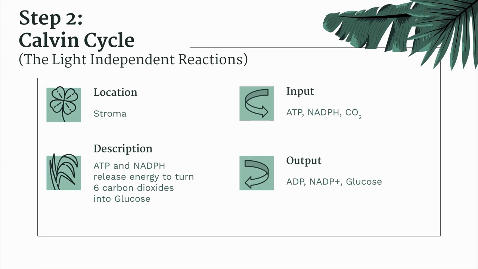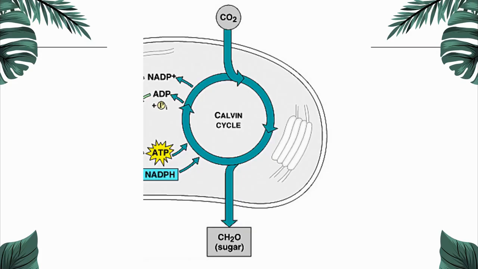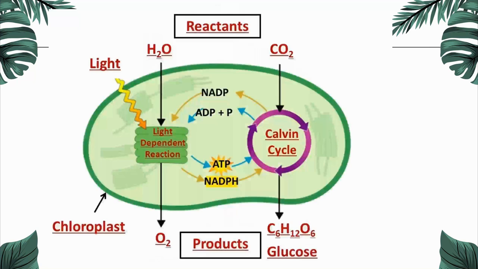ATP, NADPH, and carbon dioxide, CO2. What comes out? ADP, NADP plus, and glucose. So these charged molecules, ATP and NADPH, drop off their energy and go back to the light reactions to get recharged.